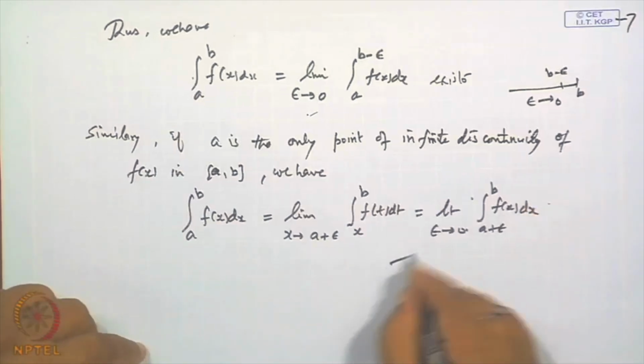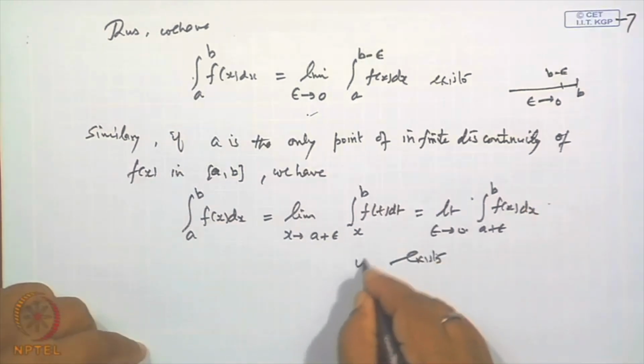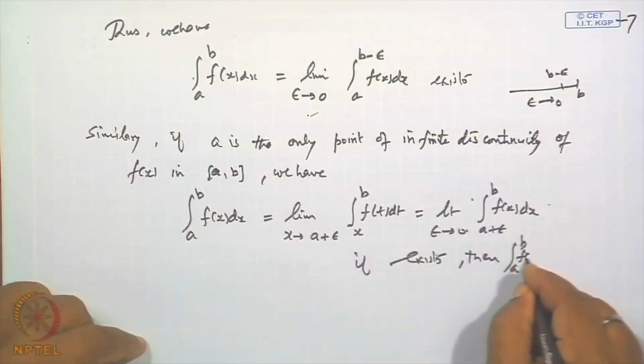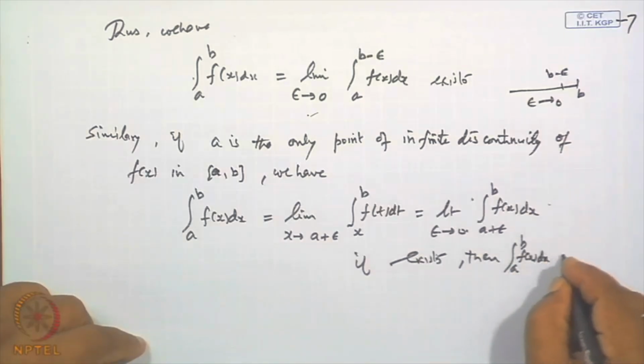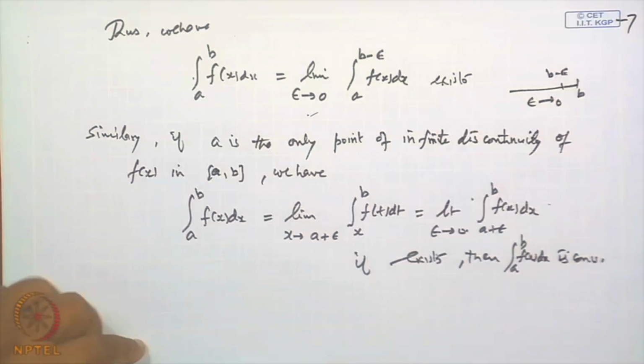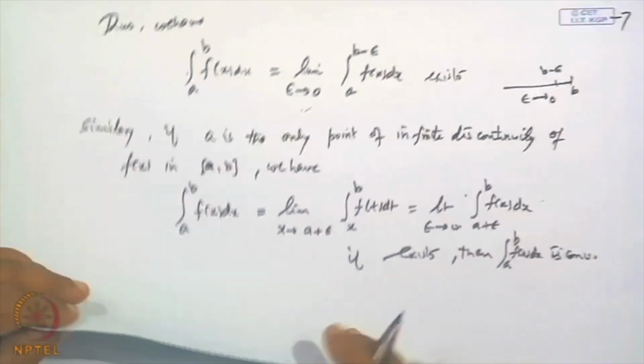If this limit exists, then the integral from a to b of f(x) dx is convergent, otherwise it will diverge. Okay.